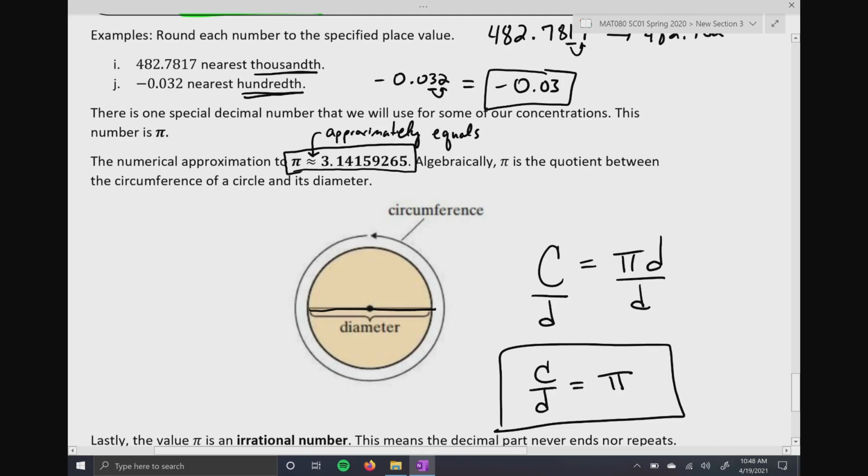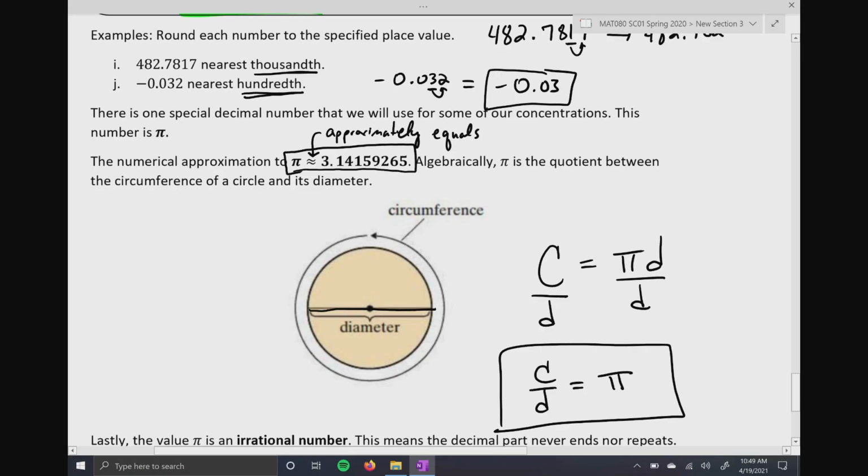You wrap the string around the circle, and where the beginning of the string meets itself at the end, you pinch it, fold it out, and use a ruler to measure that. You found the circumference. You would put that number in the numerator. Then you can measure the diameter by taking your ruler and measuring across the circle. If you divide those two numbers, you will always get 3.14159265, and you can get more decimal places provided your measurements are better.